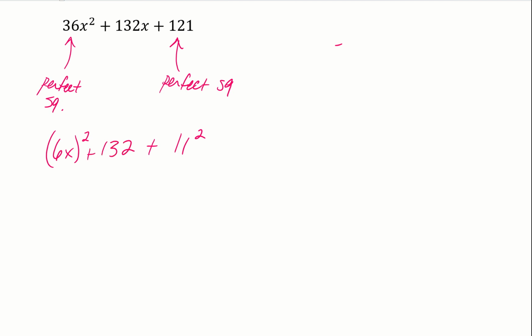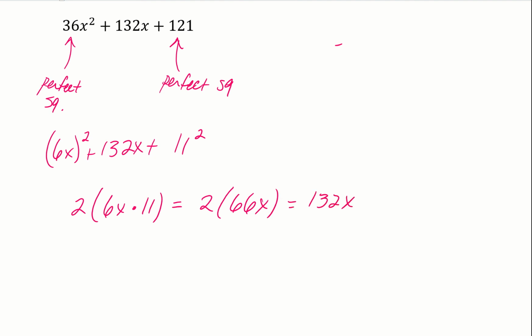So the next thing you have to ask yourself is, this term inside the parentheses, 2 times 6x times 11, is that equal to 132x? So 6x times 11 is 66x. And 66 times 2 is 132x. So I have a perfect square trinomial.